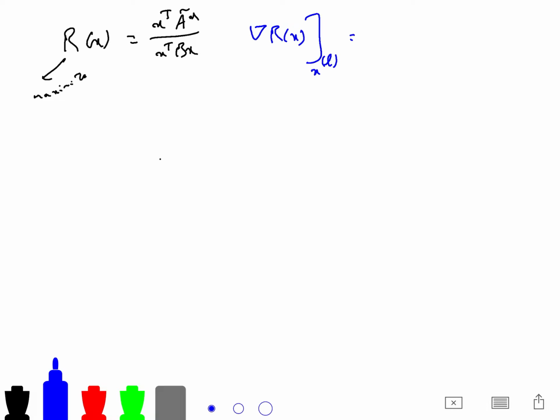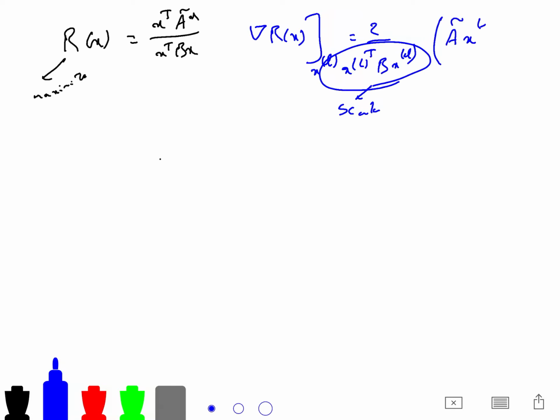So at x_l, this is 2 over x_l transpose B x_l, and this is a scalar, and this is multiplied by A tilde x_l minus r of x_l multiplied by B x_l. So this is your residual. If it becomes 0, then you've got your optimal point.